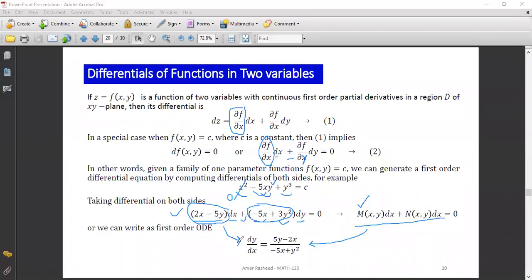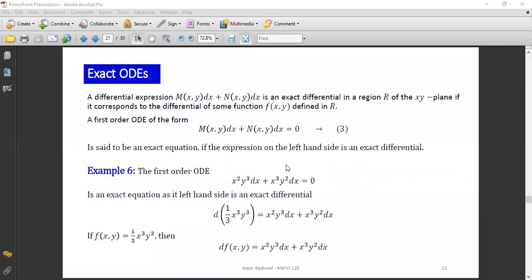So if we are given any one parameter family of solutions, we can construct a first order differential equation by using differentials of this kind. I hope you got it. If you have any questions, go ahead, you can ask me. Otherwise, we are now going to discuss exact ordinary differential equations or exact equations.